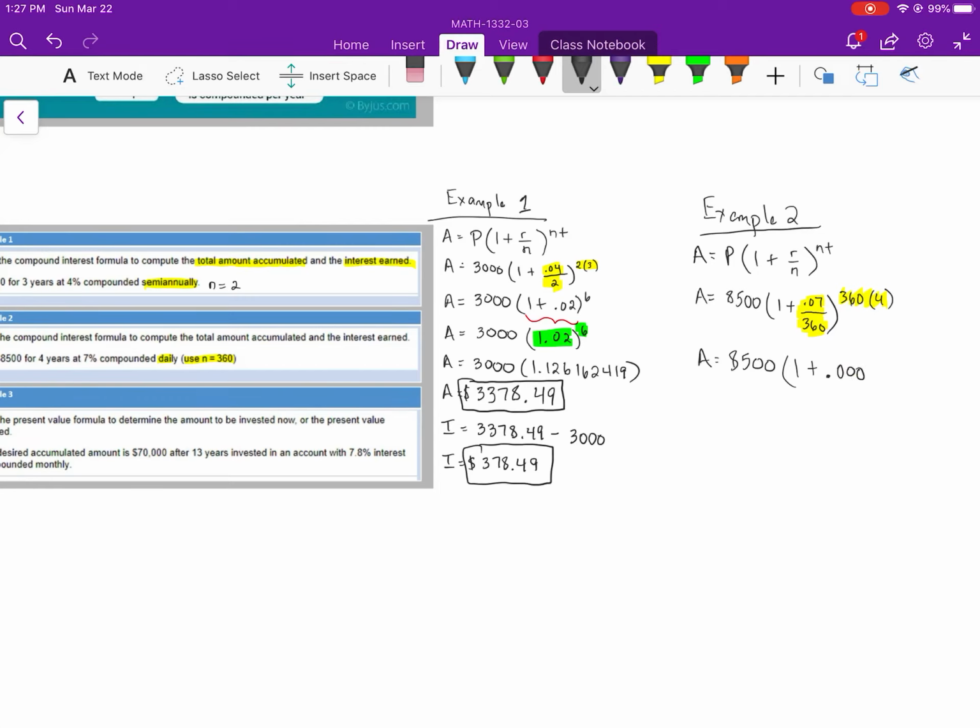So 0.00019, and I'm just going to use 3 fours here because the 4s keep going on for quite a while, okay? I'm using about 8 decimal places there, which should be plenty.